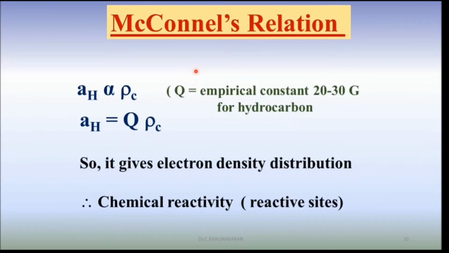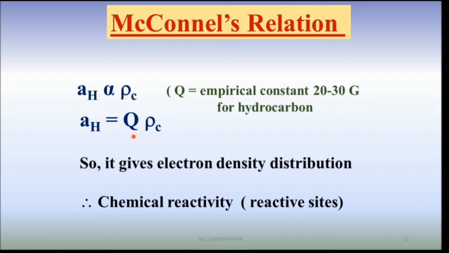Here, what is McConnell's relation? This gives the relationship between the hyperfine coupling constant and the unpaired electron spin density. If the unpaired electron spin density is larger, then the hyperfine coupling constant is larger, as the unpaired electron couples with the proton.